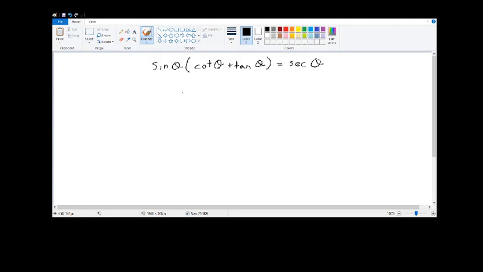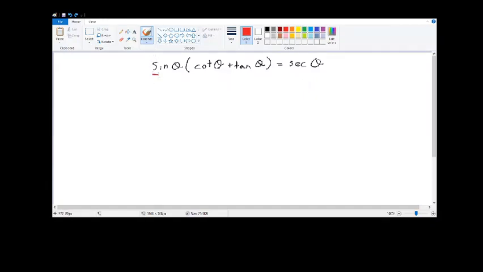What I mean by that is if we take a look at the right side, secant theta, that is one function, one trig function. So it's all right to leave it as is because we can turn that into the inverse of sine, work through it like that. But at this point, we shouldn't see a reason to complicate it just yet.